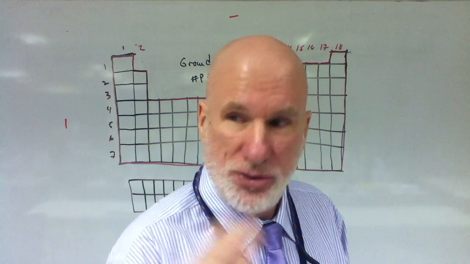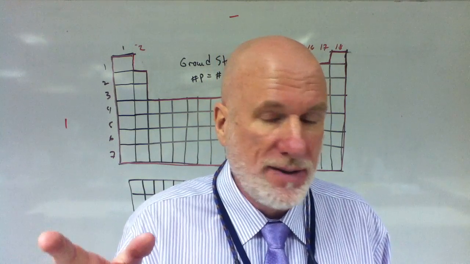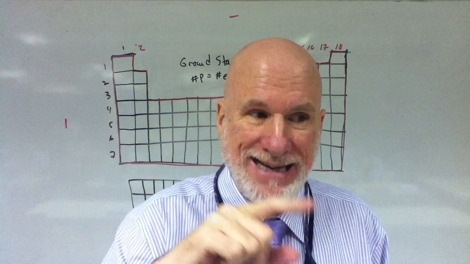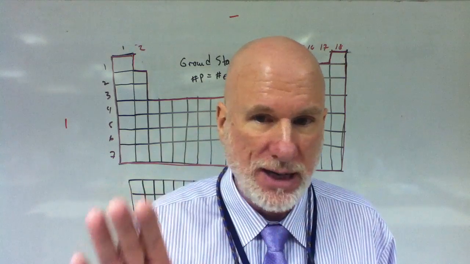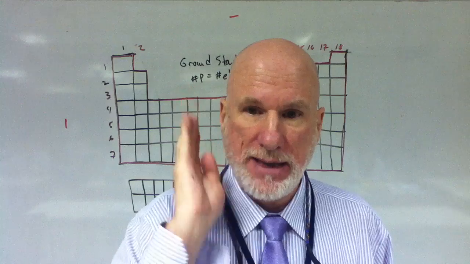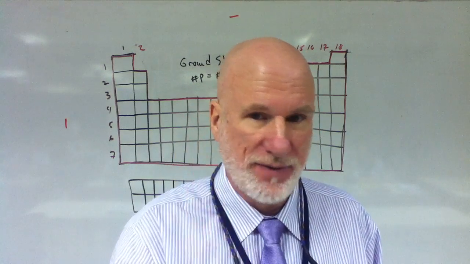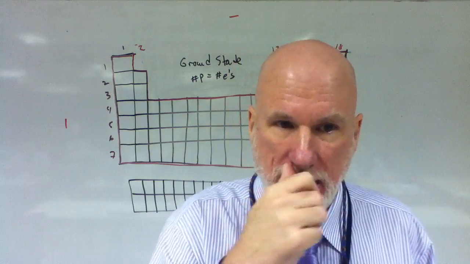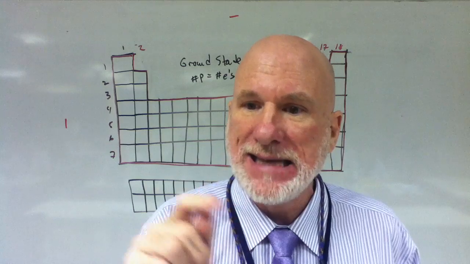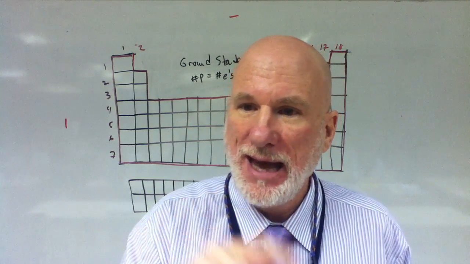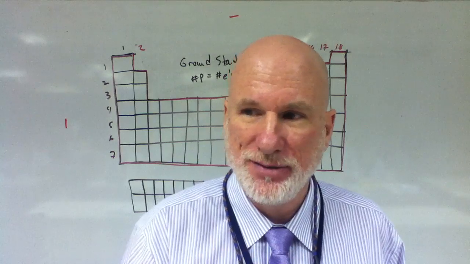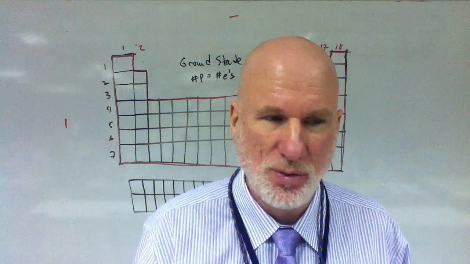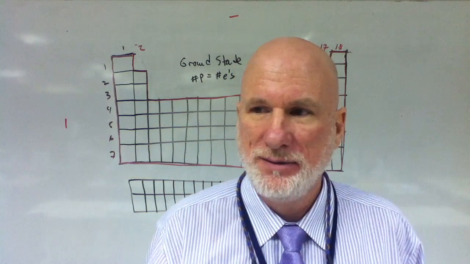The valence shell is the outer shell, but it contains the S and P electrons. And you're going to understand what that means. Trust me. Just write it down. Everything will become very clear.